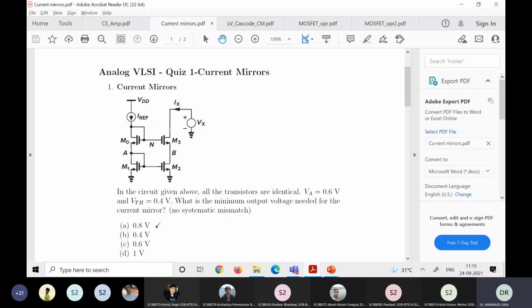Sir, below that, IREF should be 2 times VA, right? Here it will be 2 times VA. Yes, right. But I'm asking about the current mirror, the other side, output voltage. Yes, sir. So if there is no mismatch, then M0 and M3 both should have the same VDS.